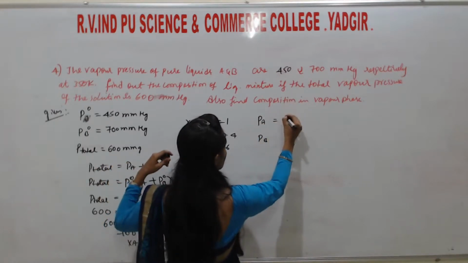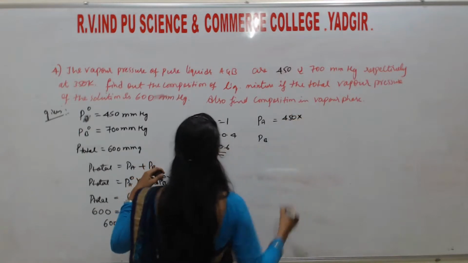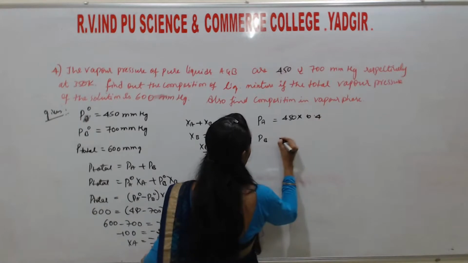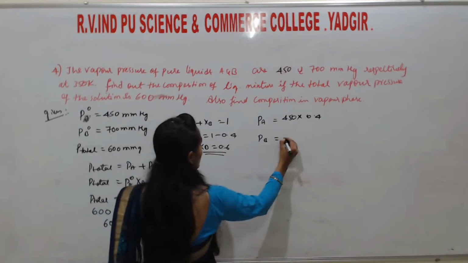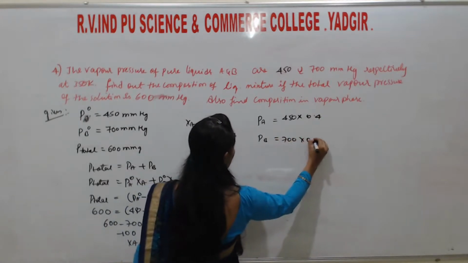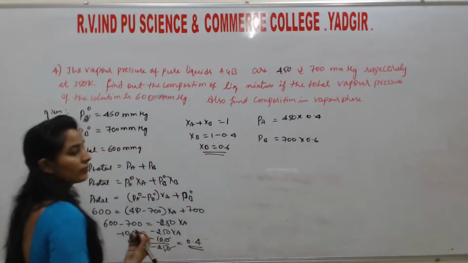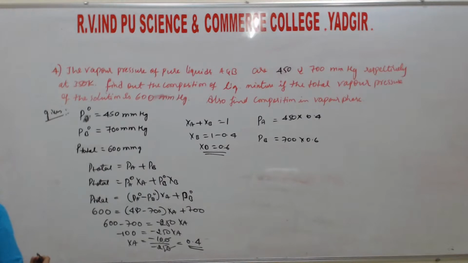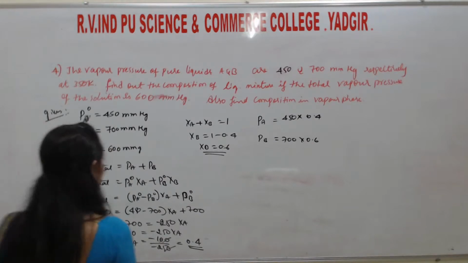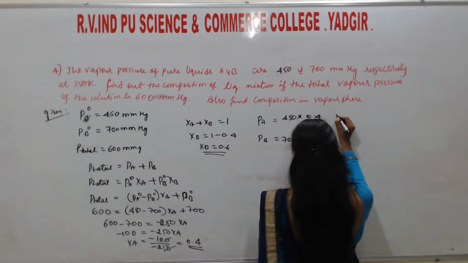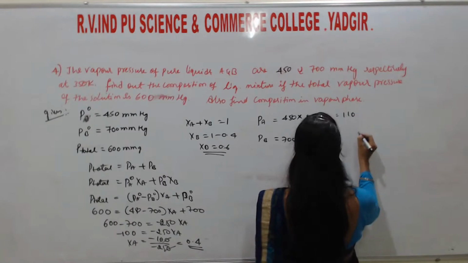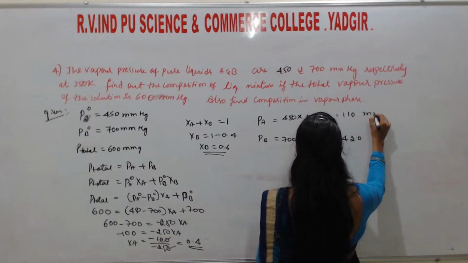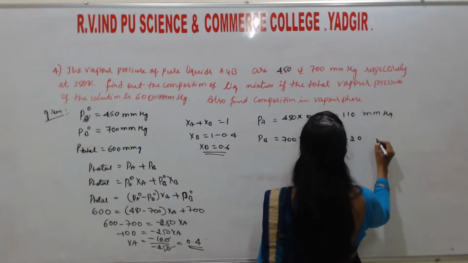So PA is 450 into XA, that is 0.4, and PB is 700 into 0.6. How much will we get? 450 into 0.4 means we will get 180, and here we will get 420.